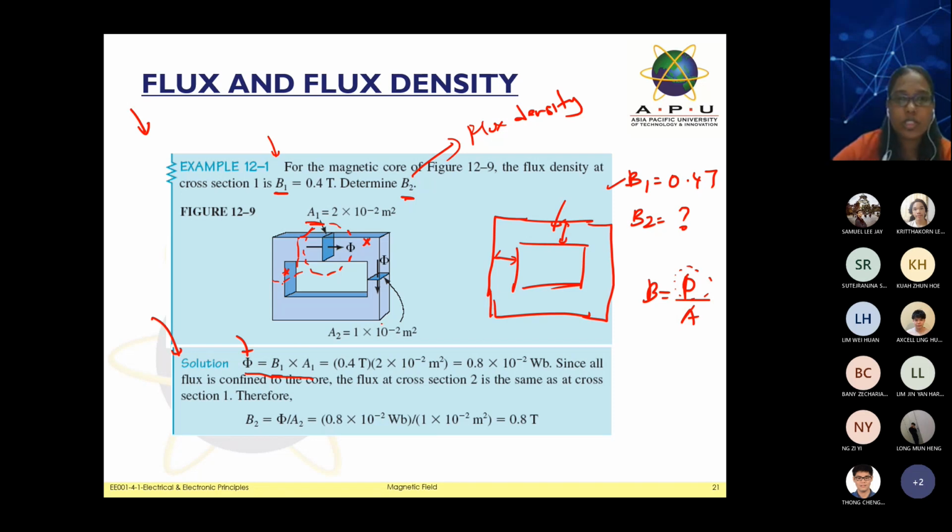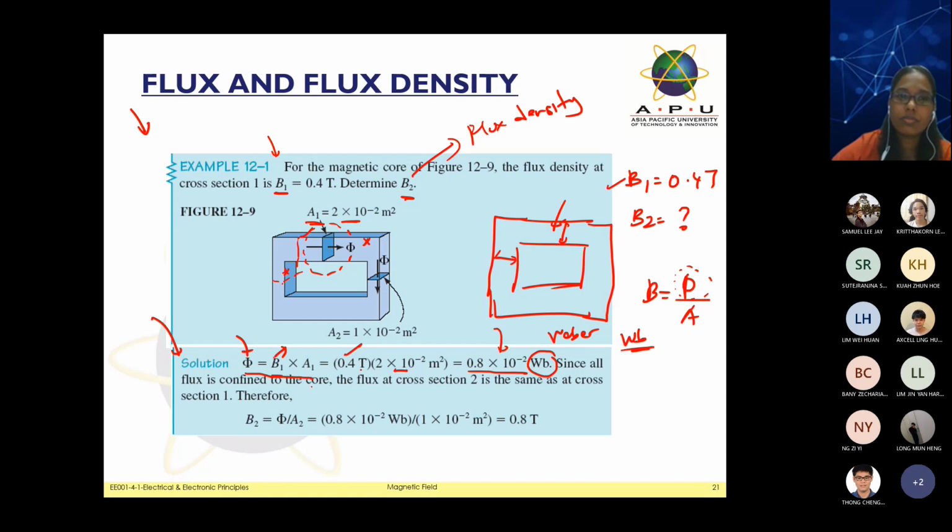Then you just multiply: 0.4 is the flux density, and the area they already specified is 2 times 10 power minus 2 meter squared. Once you multiply, you get the right answer, 0.8 times 10 power minus 2, and the unit is measured in the weber, or in short form, Wb.